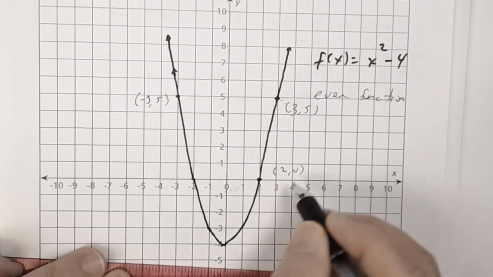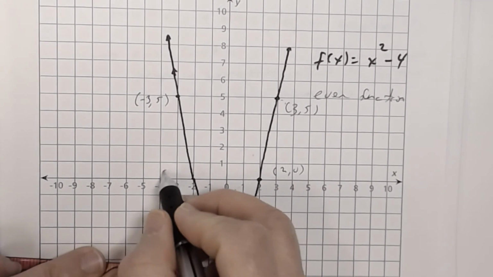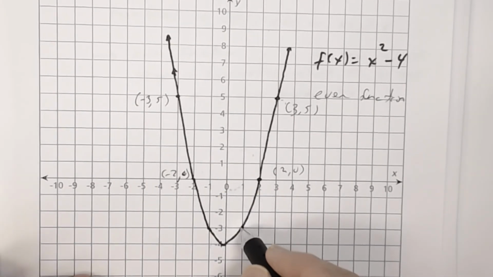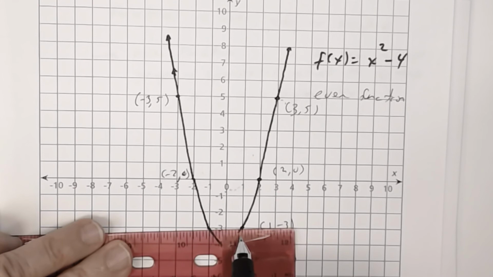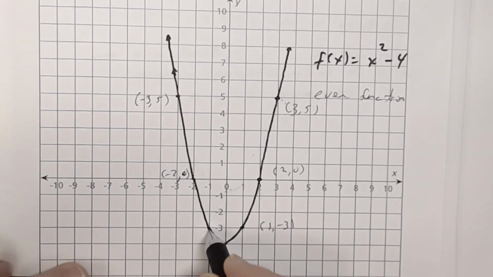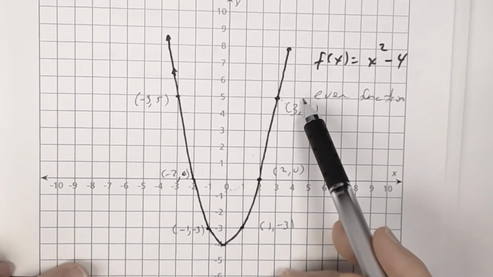If I reflect it about the y-axis, you agree I get -2, 0, correct? Now this point here, 1, -3. If I reflect it, the distances are the same. If I reflect it about the y-axis, I get this point here, and the coordinates of that point are -1, -3.